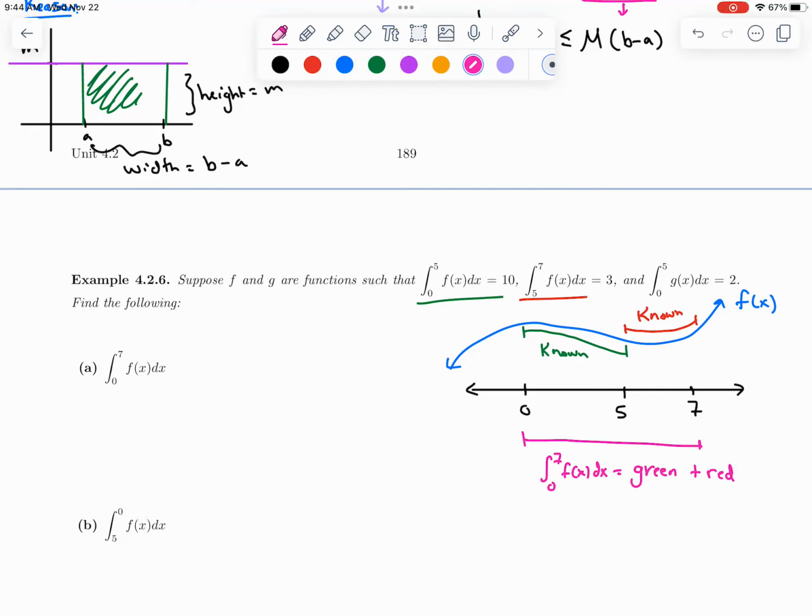So the integral from 0 to 7 would be the green chunk plus the red chunk. Does that make sense? And that has to do with understanding how the definite integral works.